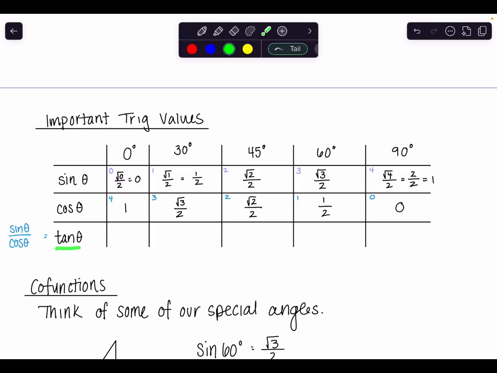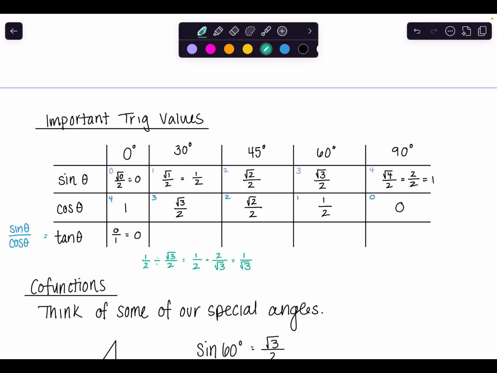Okay. Now to figure out tangent, you just take sine and divide it by cosine. So tangent of 0 is 0 over 1, which is just 0. For this next one, it's a little messy, but basically what ends up happening is you just keep those numerators, because in here, you would have to take 1/2 and divide it by root 3 over 2, which is the same thing as taking 1/2 and multiplying by 2 over root 3.